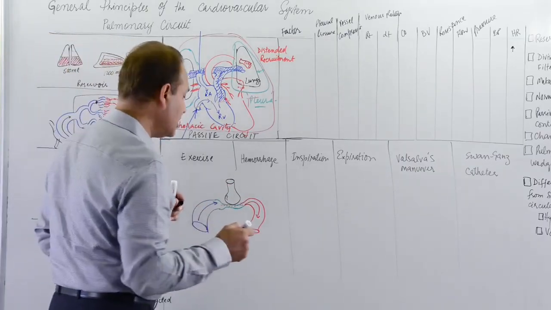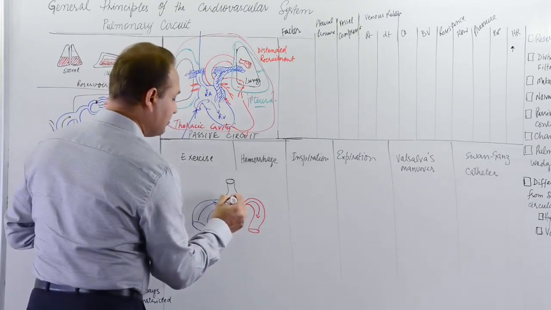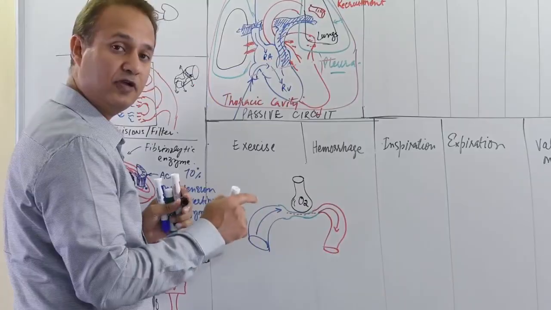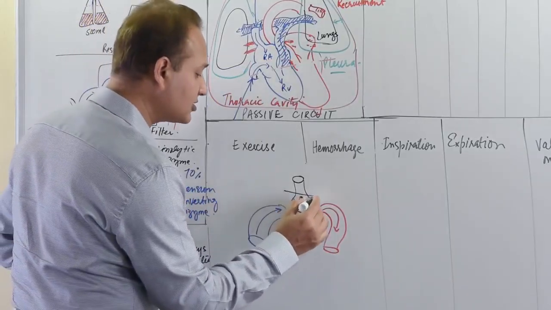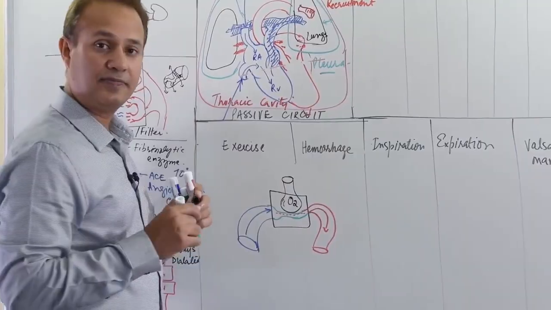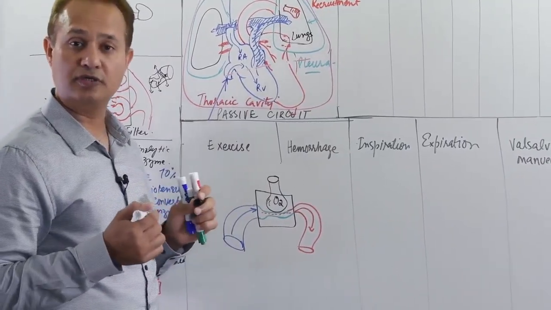Now, this is a second difference from the systemic circulation, and this is where they ask you many questions. Based on the oxygen content of the alveoli, the capillary diameter will be controlled.